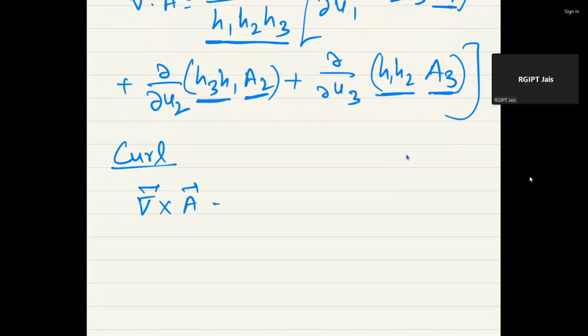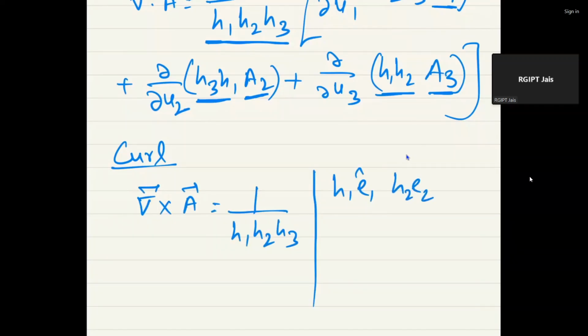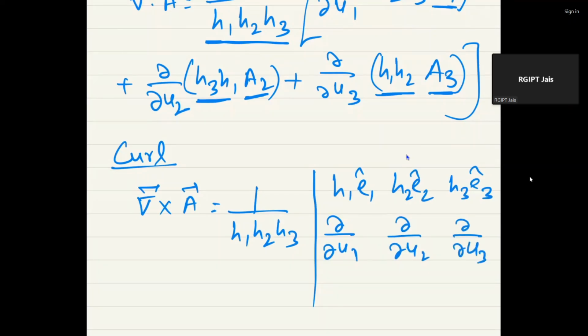This will be 1 by h1 h2 h3 times a determinant with rows h1 e1 cap, h2 e2 cap, h3 e3 cap; del u1, del u2, del u3; and h1 A1, h2 A2, h3 A3. This will be the expression for the curl.